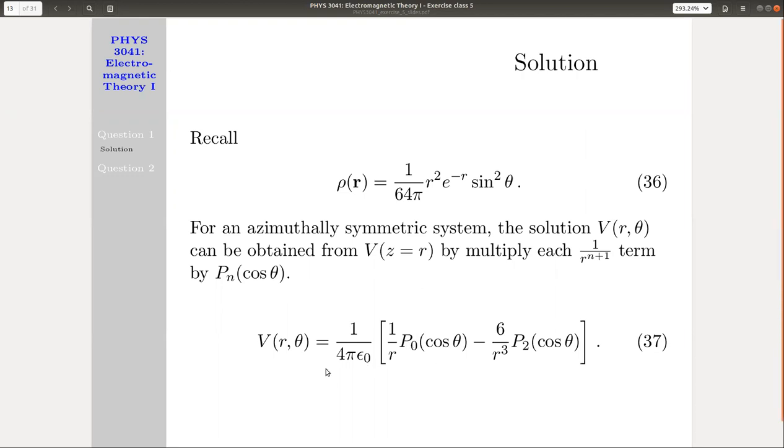So we can obtain the more general solution by simply multiplying the 1 over r by P0 and the 6 over r cubed term by P2. So this one will be the more general solution, not just along the z-axis, but over the whole space at some large distance.